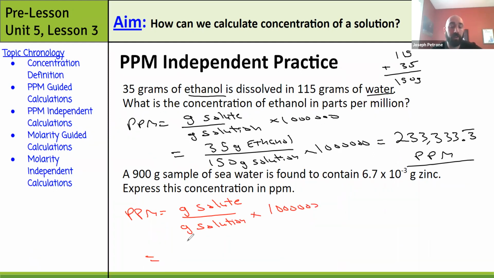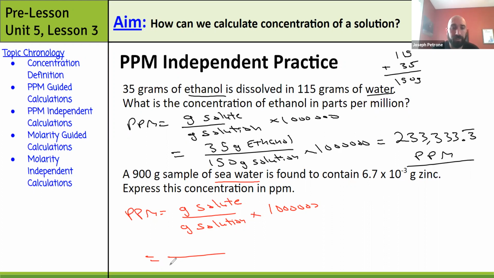Okay. In this case, we do have our solution. So just to kind of be clear, the seawater is the mixture here. That is the solution. So we're scooping up 900 grams of seawater, and it's stating that inside of it is this amount of zinc.